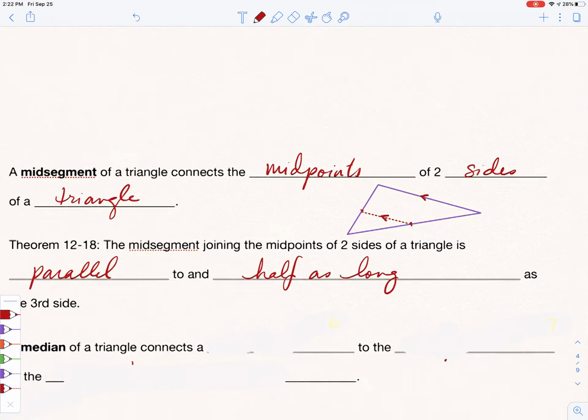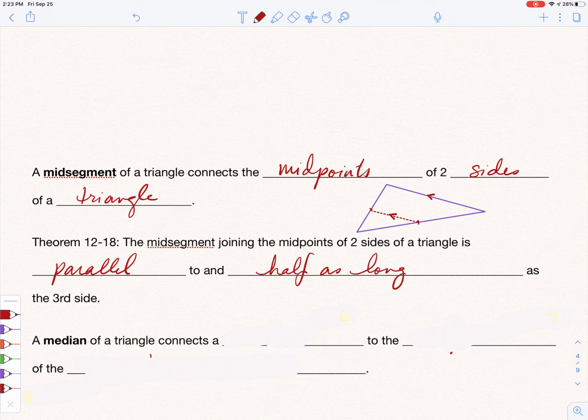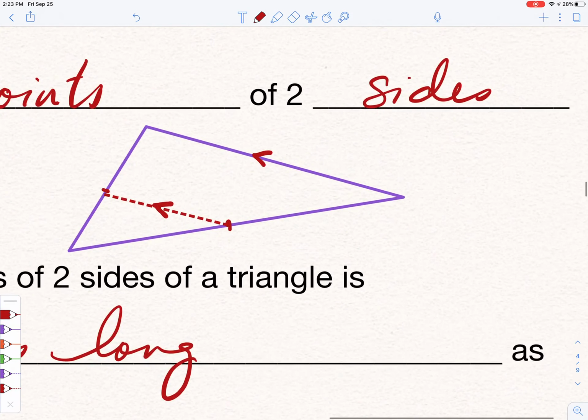The way that I worded it here in this theorem, it is parallel to the third side. Not only that, that mid-segment is half as long as the third side. So if the side of my triangle here was 10 units long, you would know that the mid-segment was 5 units long.